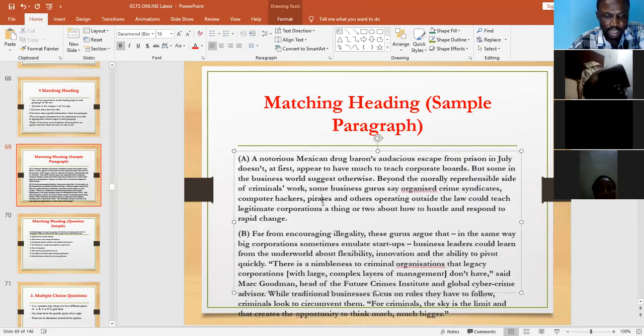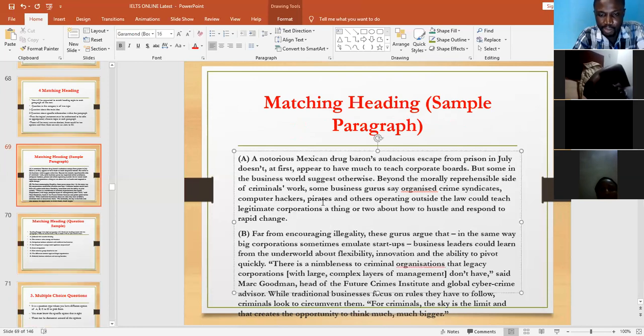Okay. Paragraph A is saying a notorious Mexican drug baron's audacious escape from prison in July doesn't at first appear to have much to teach corporate boards. But some in the business world suggest otherwise.